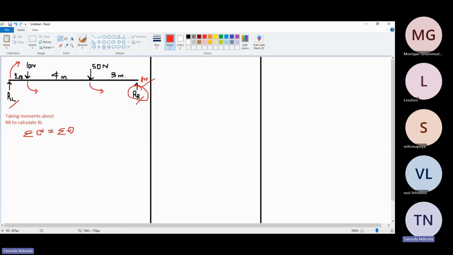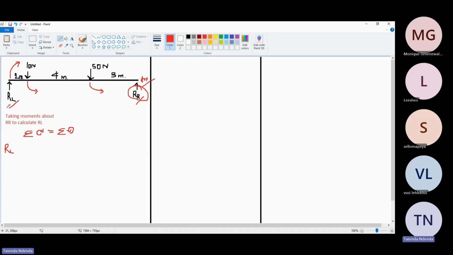I want you guys from the floor to give me some of these values. I want us to have all the clockwise moments that you are seeing. Can I have the first clockwise moment that you are seeing? RL. So we now have RL, and remember we need a moment.